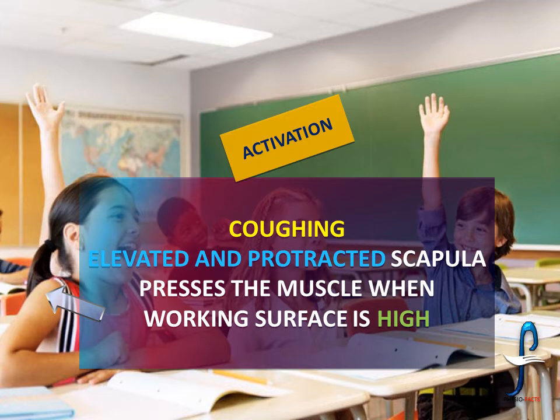For example, it is shown in the figure that the arrow is showing that particular girl is sitting with elevated ribs and protracted scapula, and the desk is a little high. So the patient will develop trigger points in the serratus posterior superior, and referral pain particular to this muscle will be reciprocated.